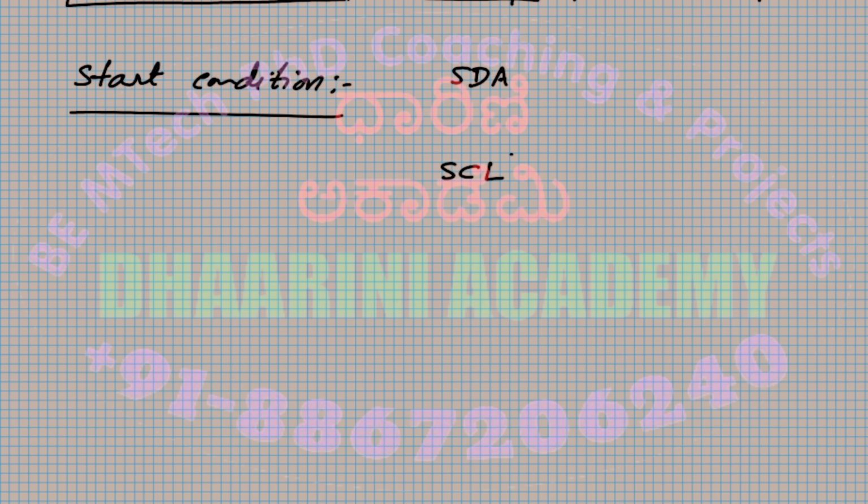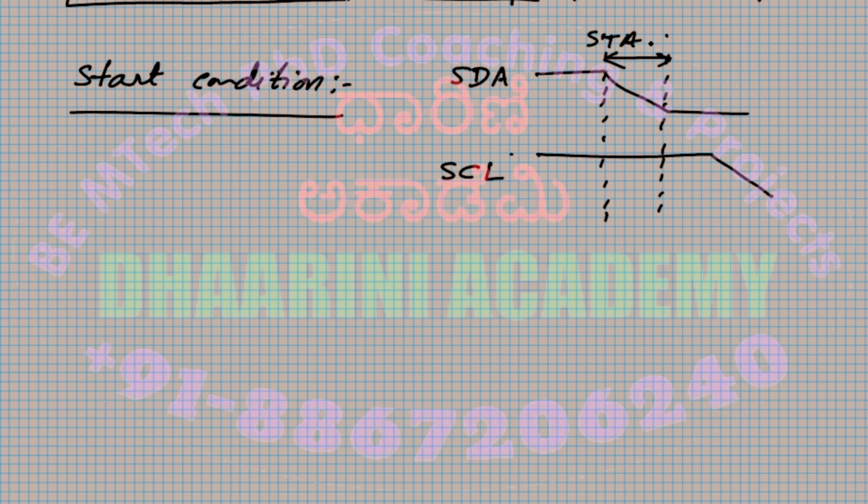Let me show you. You see, there is a high to low transition happening on SDA while the SCL is high. This particular condition is called the start.